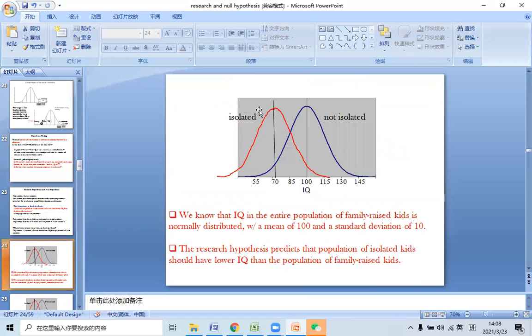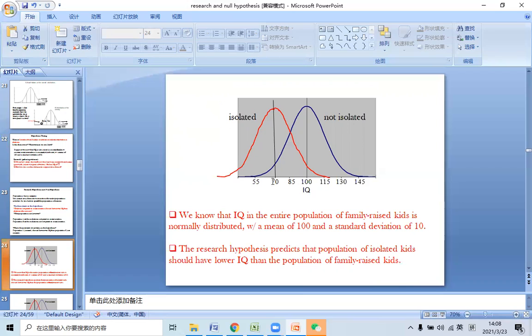Let's look at some graphs. So this will be the research hypothesis or the alternative hypothesis. You have two populations. One population is socially isolated, like the wolf boy. Another population is not isolated. According to the research hypothesis, the socially isolated group should have a lower mean.